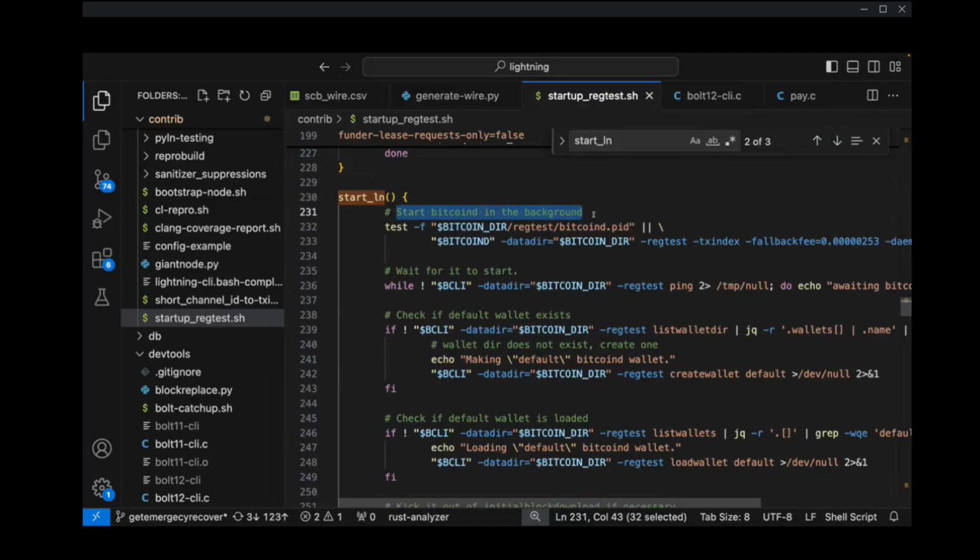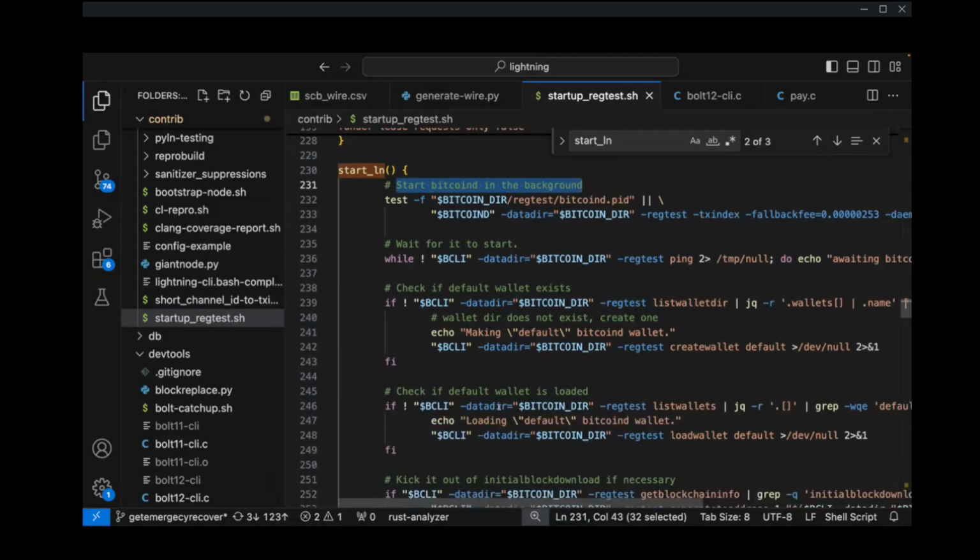So you won't have to do it manually. It would do it, but if you do it, it won't matter. So if it's on, it would skip this part and go on to create your Lightning nodes. But if you just run this, it would automatically start your Bitcoind in reg test.